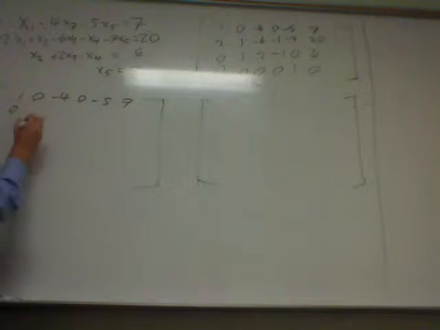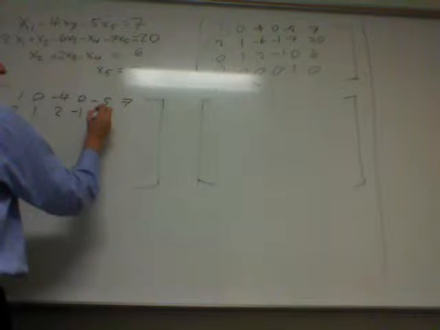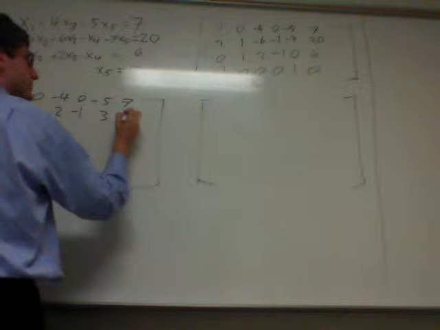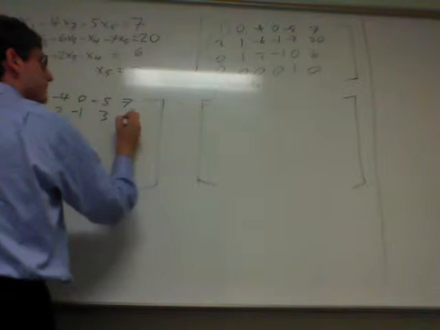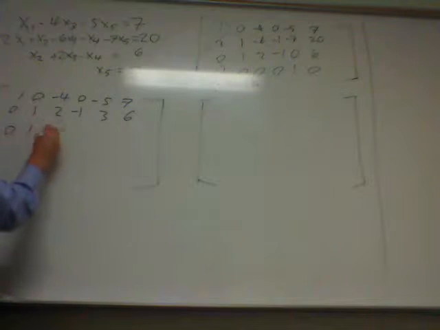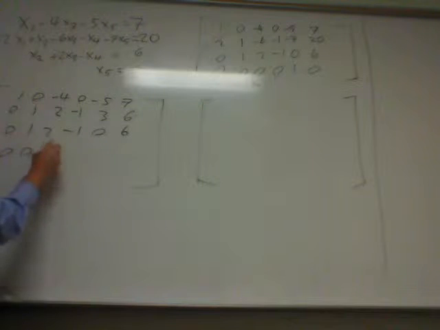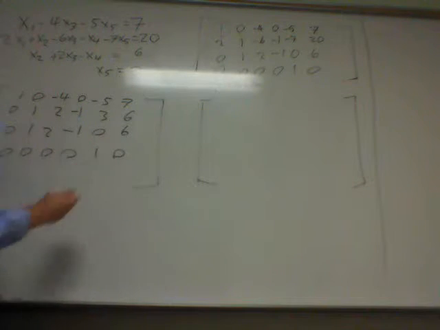And this will be 0, 1, 2, -1, 3, and 6. And then everything else remains the same. Alright, so now here we have our first column reduced to 0 with our pivot remaining.